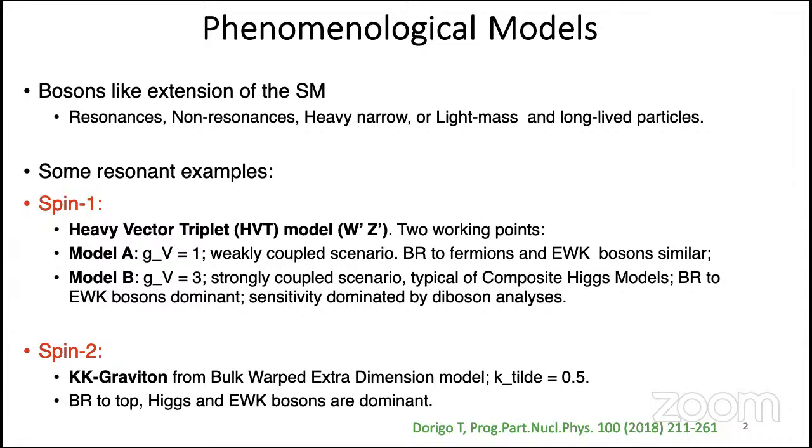And in this framework, we find two models. The first one is a weakly coupled scenario where the coupling is equal to 1 and the branching ratios to fermions and electroweak bosons are similar.